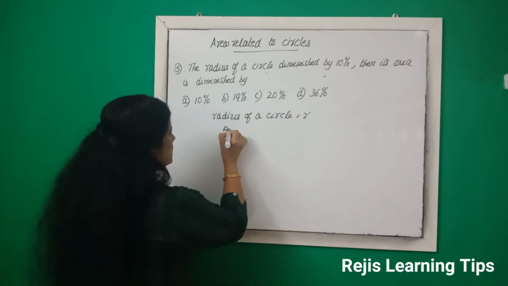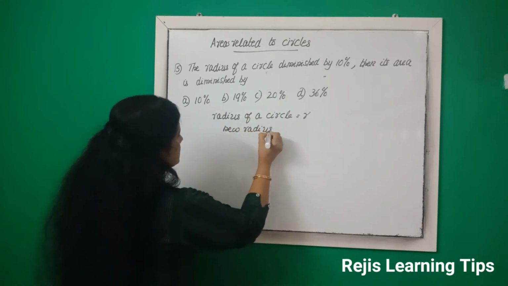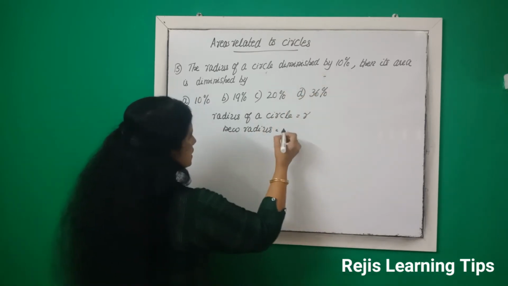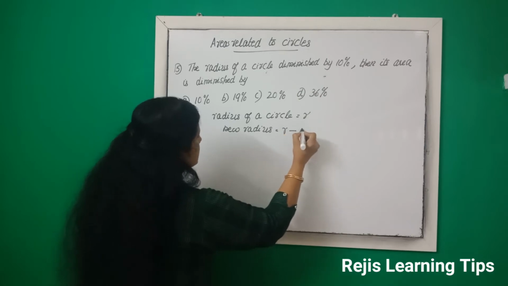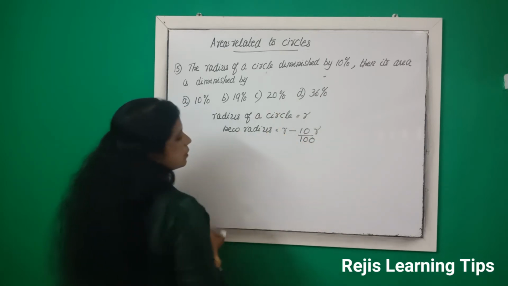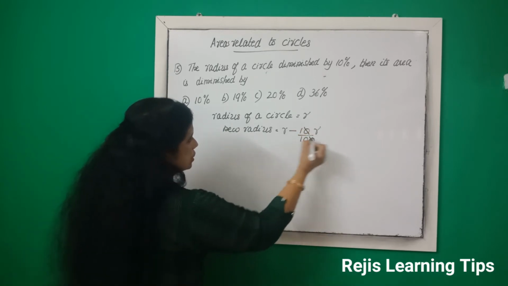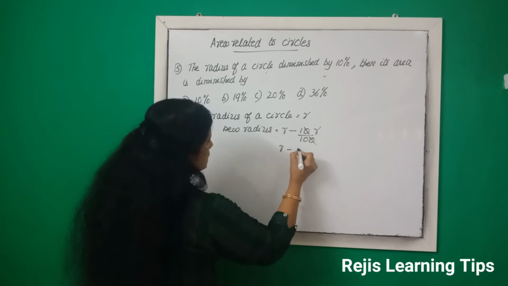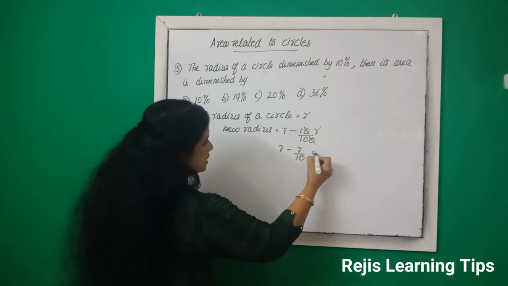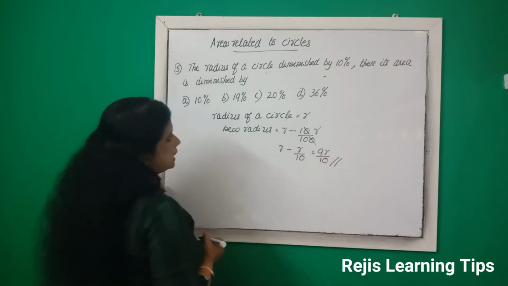The new radius is equal to the radius of a circle diminished by 10%, means r minus 10 by 100 into r. Understood? We can cancel this 0 and 0. Then we will get r minus r by 10. Then 10r minus r, that is 9r by 10. This is the new radius.